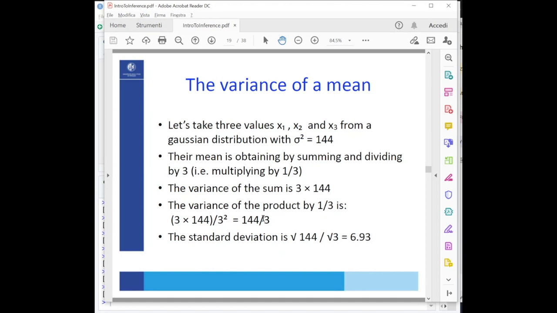If the original population has a variance of 144, the variance of the sampling distribution should be 144 divided by 3. And the standard deviation should be the square root. That is, the square root of 144 is 12, which we already know. So it's 12 divided by the square root of 3, which is exactly 6.93. So what we observed, actually.